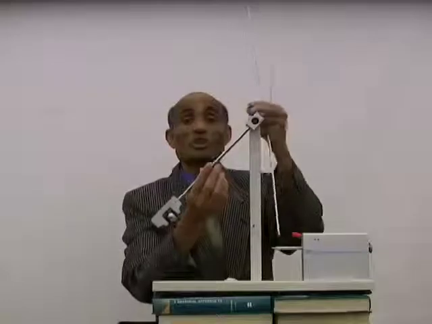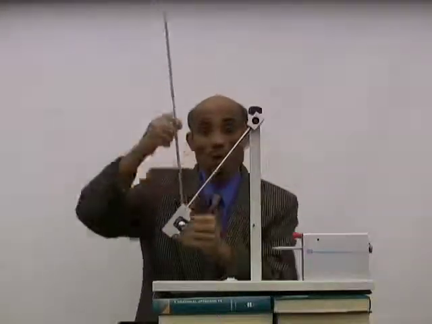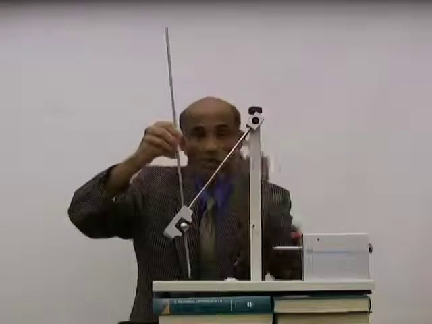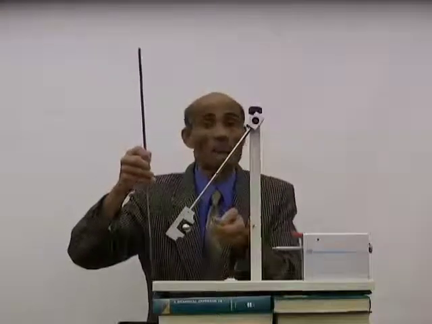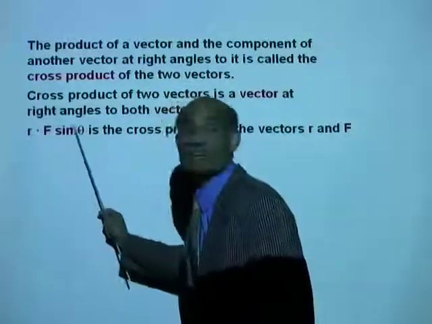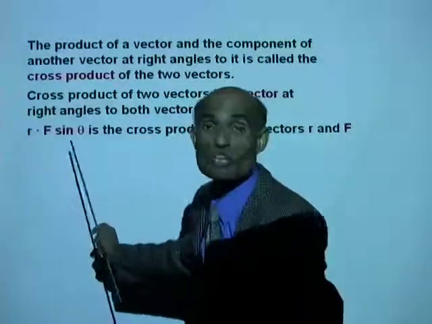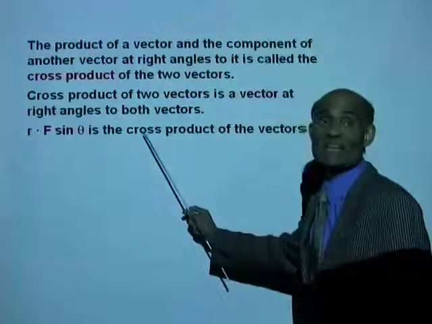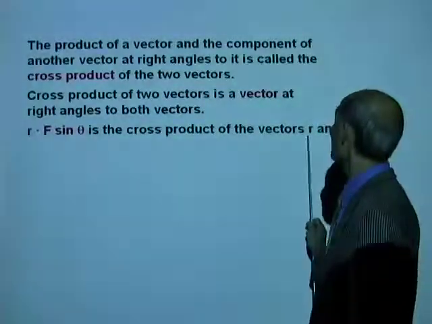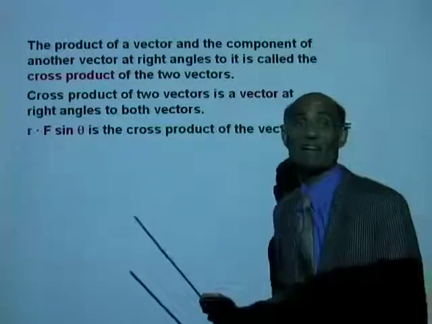The direction of the torque will be perpendicular to both the direction of the force and the direction of the torque arm. So r times f sine theta, which is the torque produced by the force, is the cross product of vectors r and f.